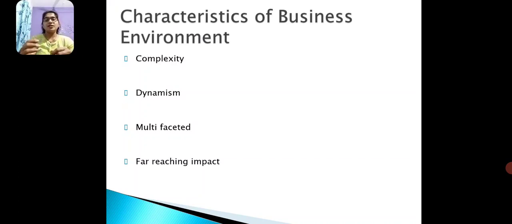Then far reaching impact. That means whatever changes happen in the business environment, maybe the change is in the present, but the impact of it will last for a long period of time. I was talking about masks and sanitizers. It was not so popular. Even before 2020, we never used to wear a mask.